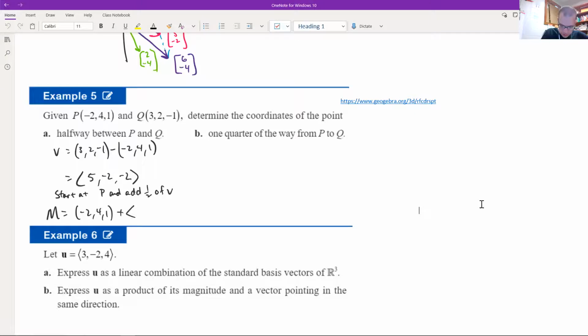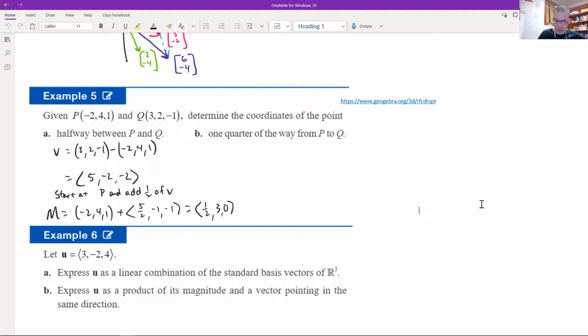So that would be 5 halves, -1, -1. And we should get a point like 1/2, 3, and 0. Hopefully that holds up.